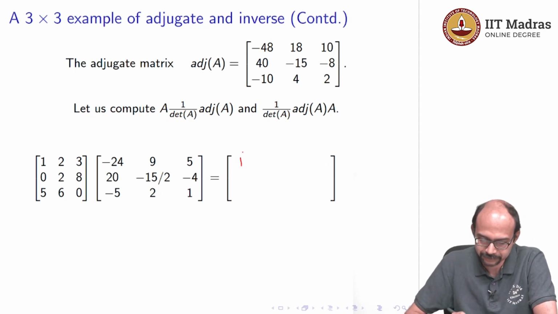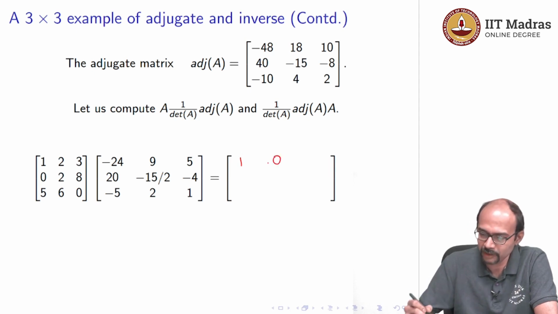And then the next term, let us say the 1 2 term. So, 1 times 9 plus 2 times minus 15 plus 3 times 2. So, that is 9 minus 15 plus 6. So, 15 minus 15, that is a 0. Yeah, and you can carry on and do the other terms.